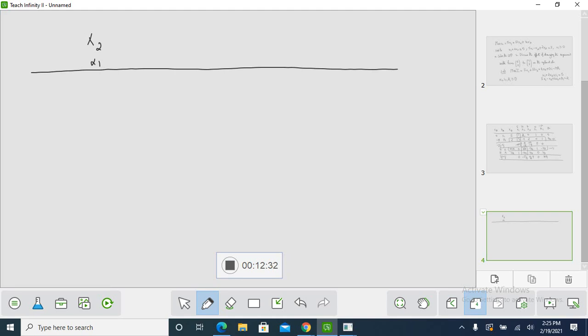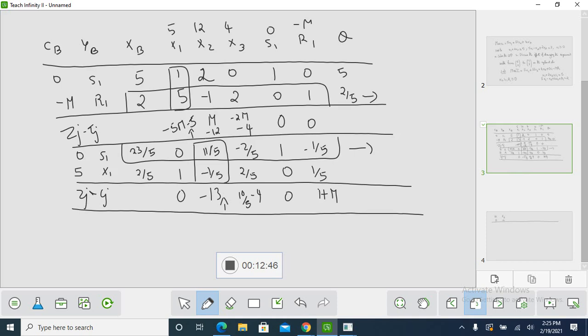For this x2 and x1, here my cost is going to be 12. My x1 cost is going to be 5. Then I have to divide the key row by the key element. My key element over here is minus 1 by 5. So when I divide this, I have to divide 11. 23 by 11 will be the first entry.